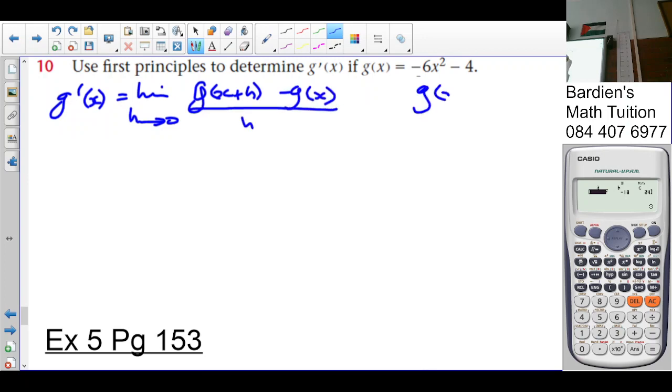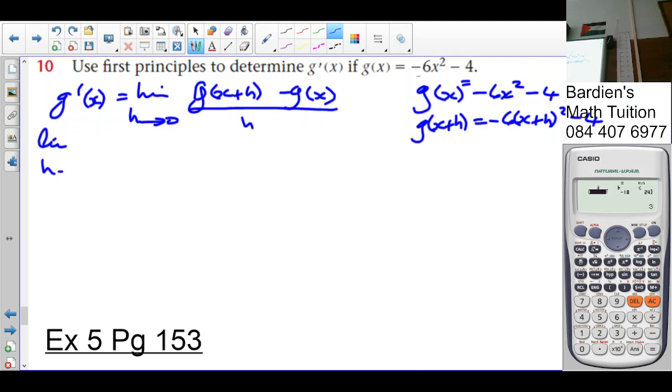So if g of x is negative 6x squared minus 4, then g of x plus h will simply be negative 6 into x plus h squared minus 4. And go straight into the simplifying there.